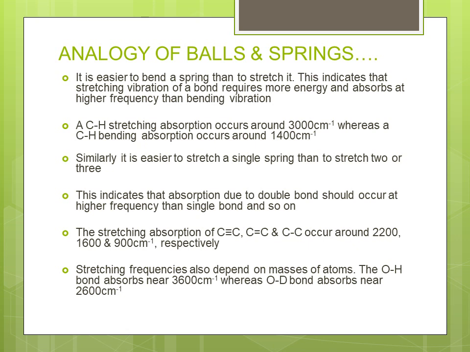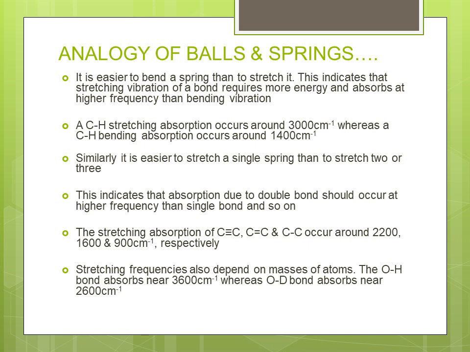Now we can understand the absorption of IR radiation, which happens due to different types of vibrations, with the help of the analogy of balls and springs. Just remember the spring which we use in our daily exercise. It is easier to bend a spring than to stretch it.